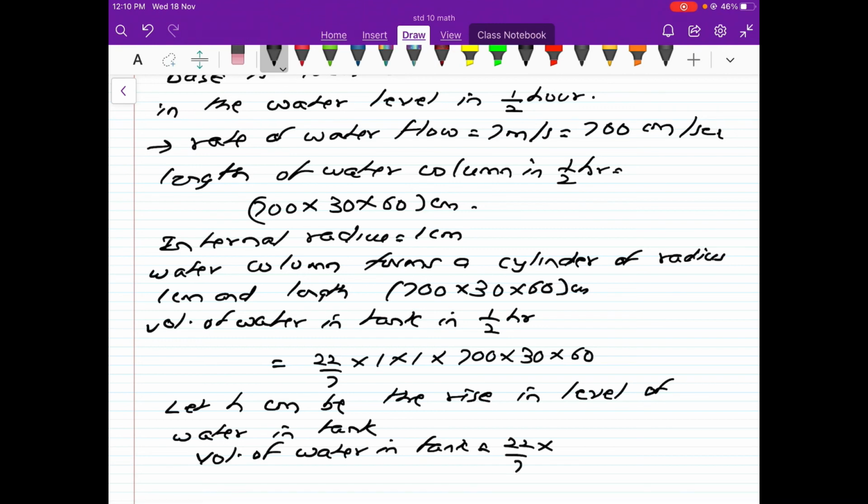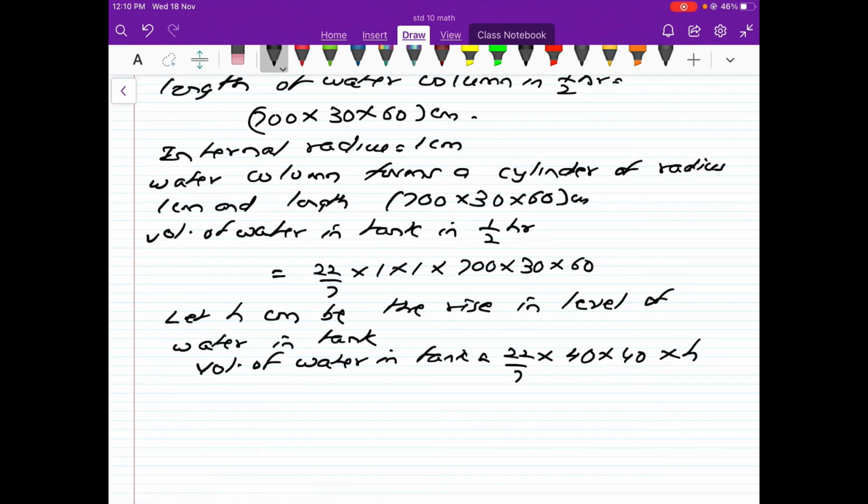So volume of water in the tank will be 22 by 7 into 40 into 40 into h, r square. So now we'll have to equate this. So this is 22 upon 7 into 40 into 40 into h is equal to 22 upon 7 into 1 into 1, because this is flowing through the smaller pipe and it is going into the bigger tank.